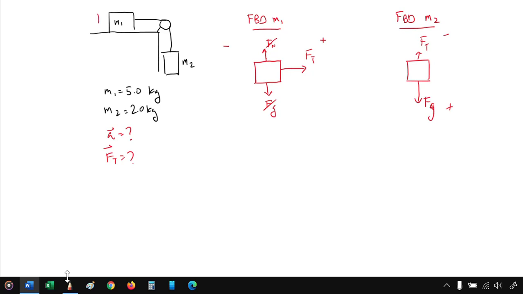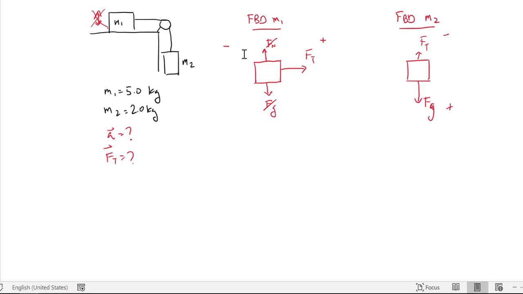Because M1 is not moving in the vertical direction. There's no motion there. And so if it's not moving vertically, these vertical forces must cancel out. All right, for M2, there is nothing that cancels out. Fg is much bigger, Ft is smaller, and there's nothing else. So nothing cancels for M2.